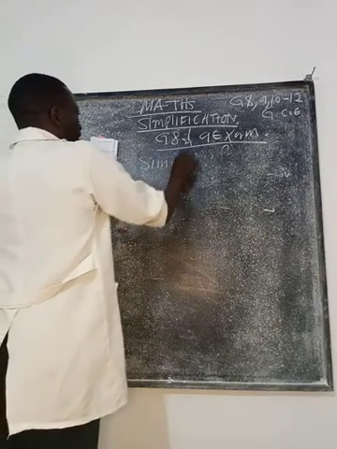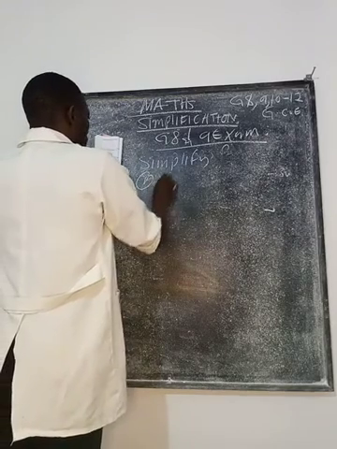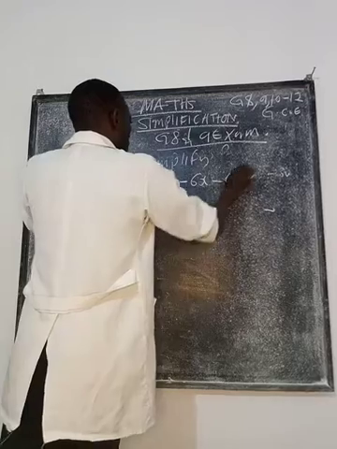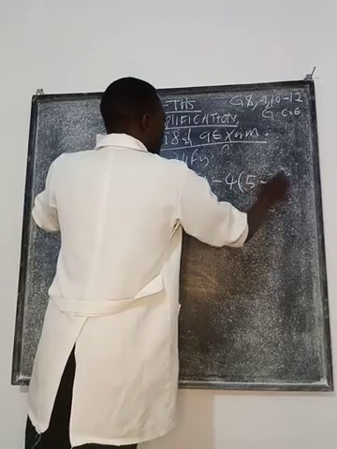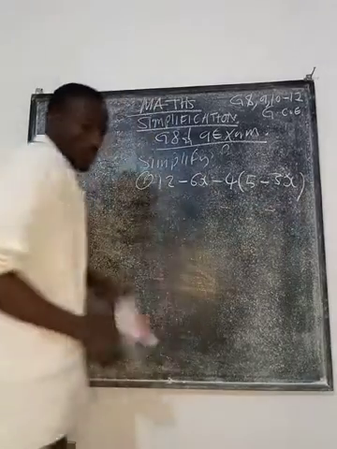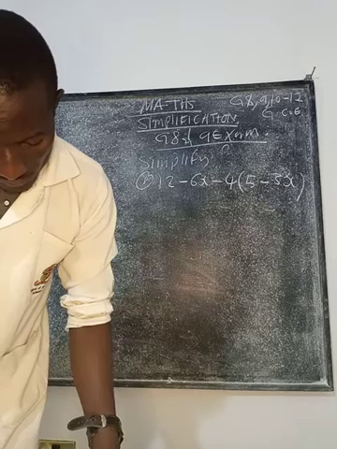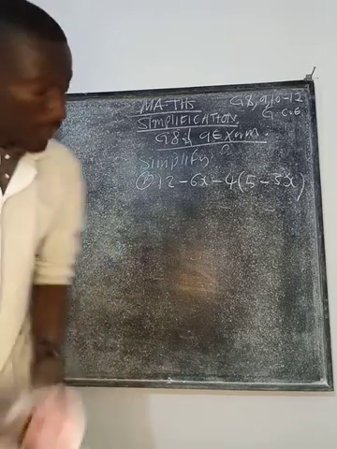Simplify. So the first one is 12 minus 6x minus 4 open bracket, you got 5 minus 3x. So that is one of them. I'll just give you few. Then you can try and do for yourself without fail.